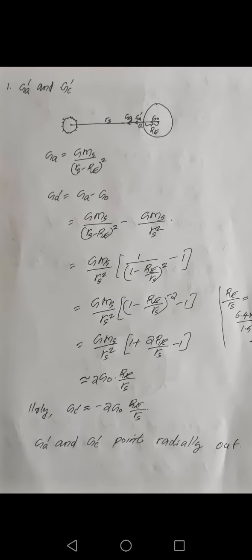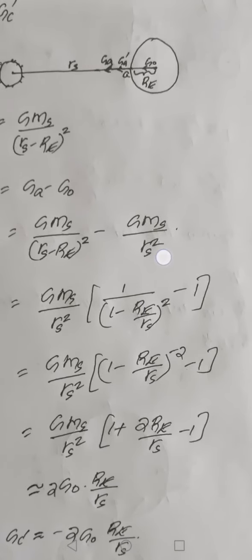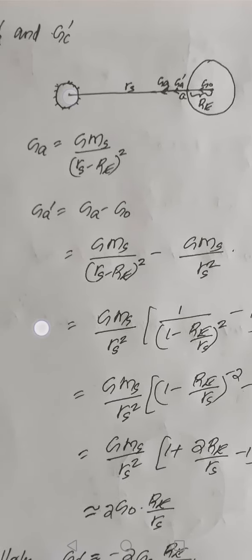So GA prime is the apparent field at point A, GC prime is the apparent field at C. So this is our figure: sun, earth, here this is GA, RS, you know the distance between centers of sun and earth, and capital R is the radius of earth, G0 is the field at the center, GA prime is the apparent one. We can calculate this one.